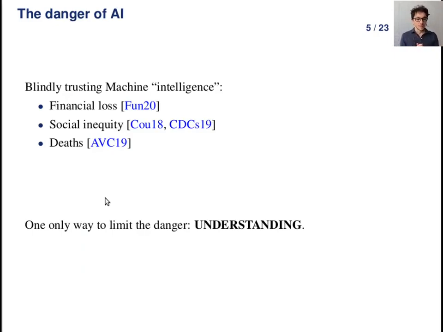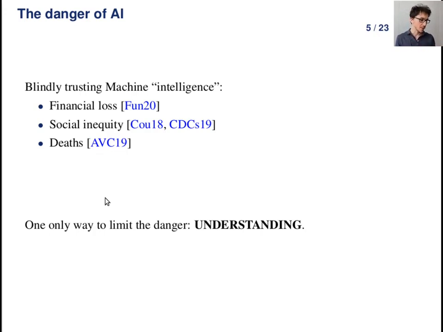So why is this important? Because experience has shown that blindly trusting machine intelligence can lead us to many kinds of dangers. First of all, financial loss by countries or companies if they make the choice that is suggested by an algorithm. Social inequity.